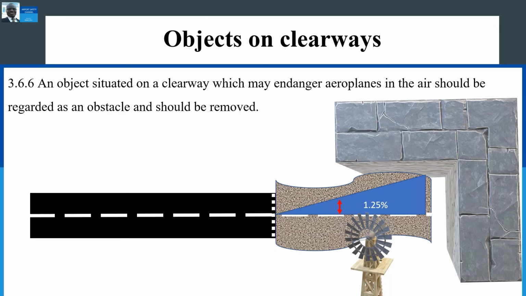So all objects that rise beyond the 1.25% angle within the Clearway should be brought below that angle as much as possible for the safety of aircraft.